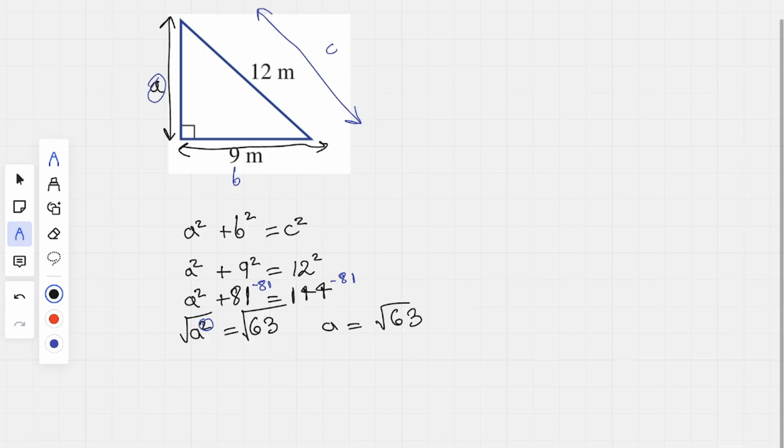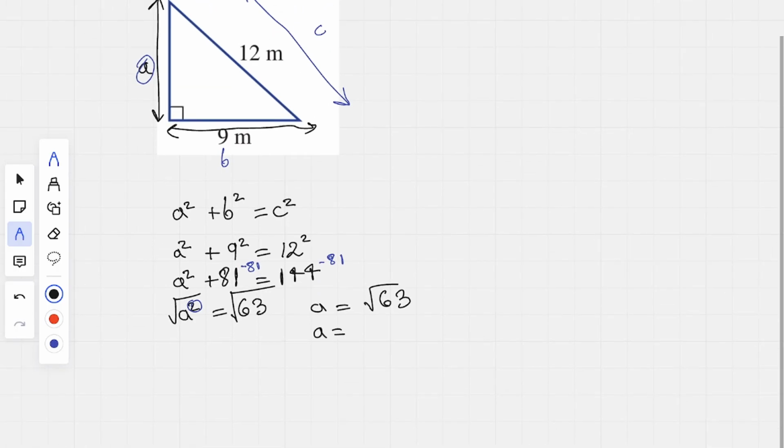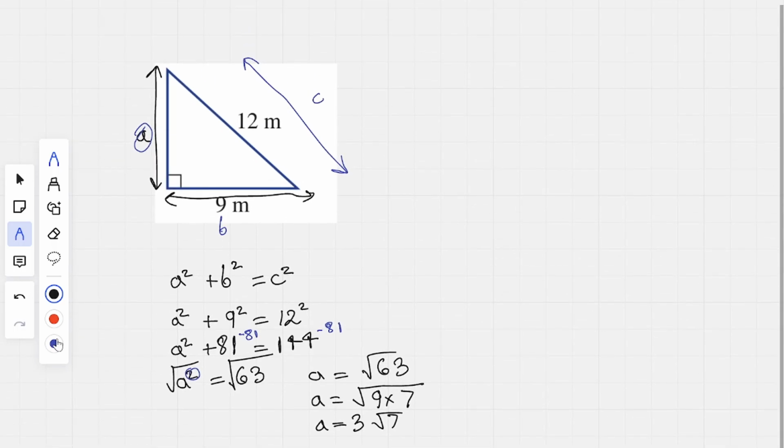And we have to simplify the surd, so A is equal to root 9 times 7. Now 9 is a perfect square, and we just write it as 3 root 7. And the value of A is therefore 3 root 7. Always remember to write the measurement, meters.